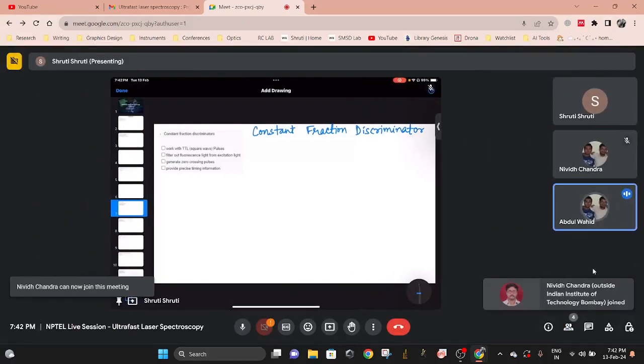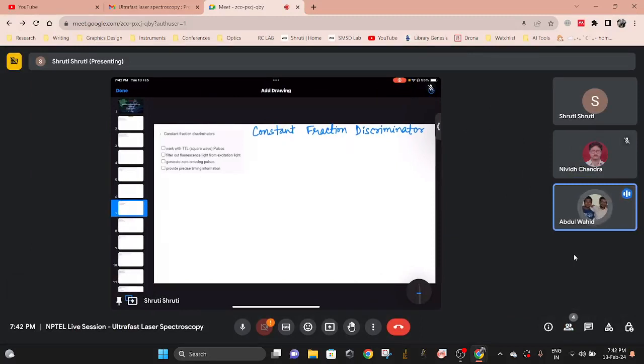And there is one TAC, that is called the time to amplitude converter, based on the principle of charging the capacitor. Then CFD, which is called the constant fraction discriminator.